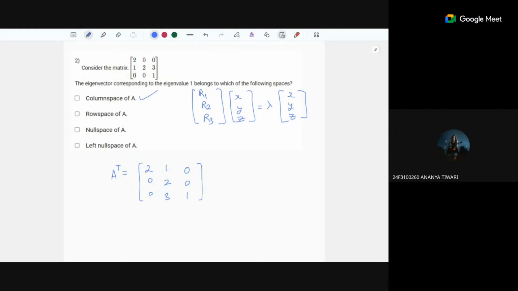So now in the third column, we can say that here we have an eigenvalue from the properties we have studied.